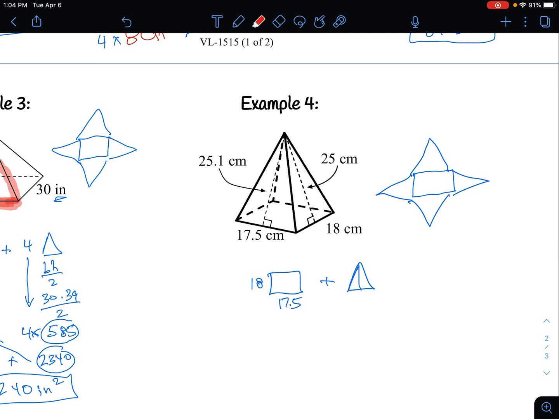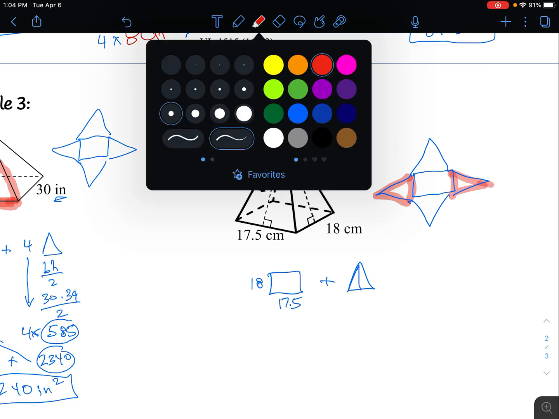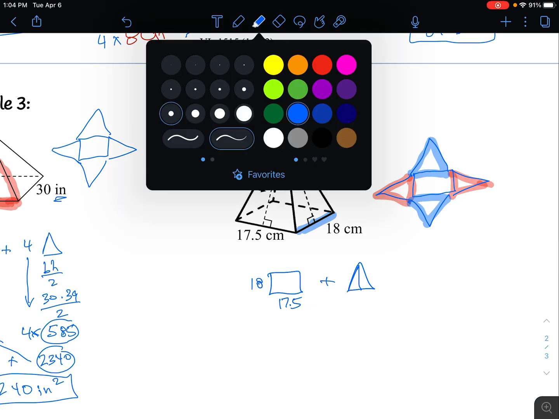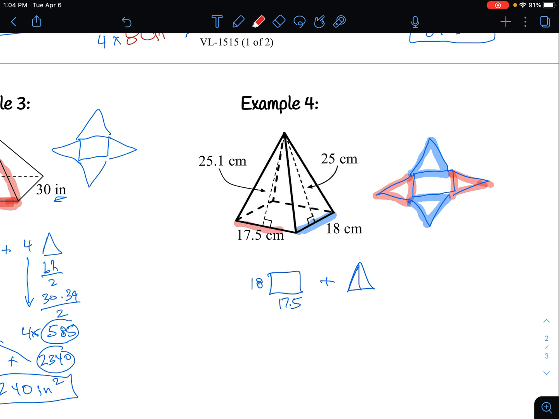If you look at these 2 triangles on the sides, these 2 triangles are going to be different than these 2 triangles. Now, why is that? Well, if it's a rectangle, then this triangle has a base of 18, and this triangle over here has a base of 17.5.